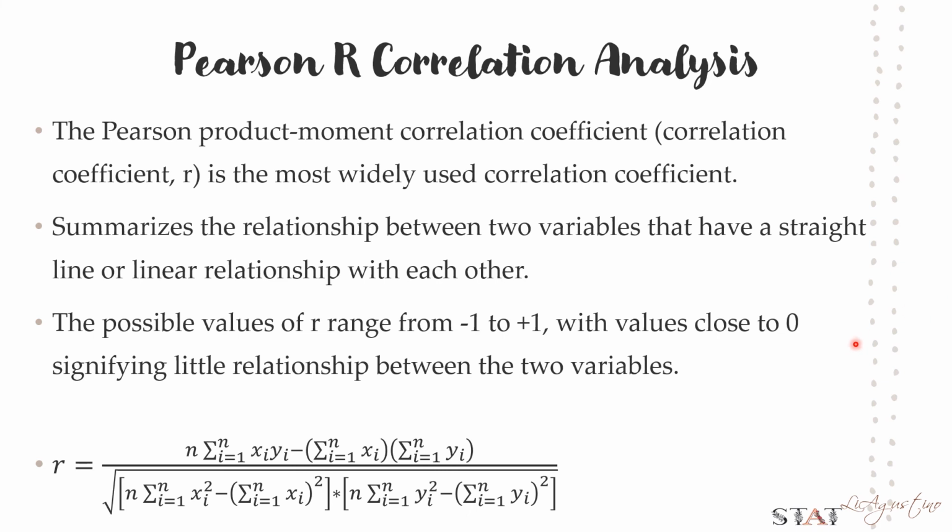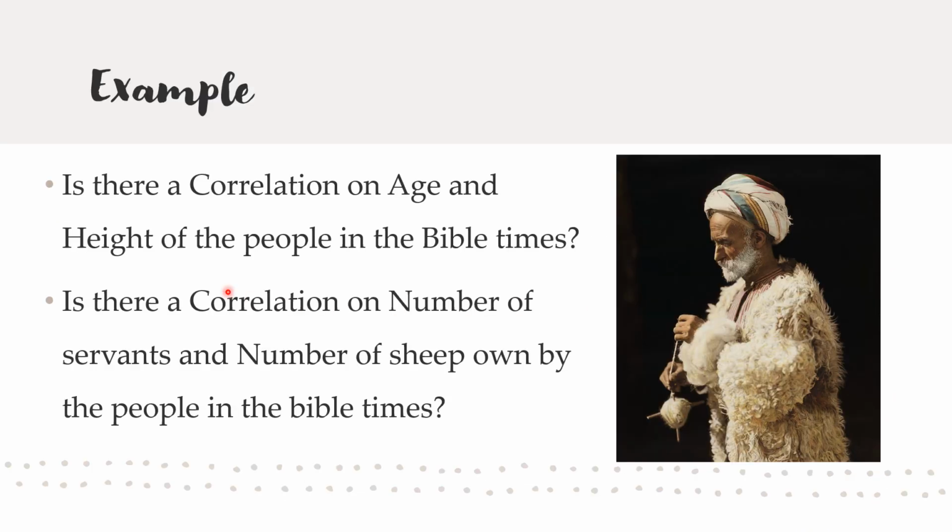You use it when you want to discover if there is a relationship between two variables. For example, is there a correlation between age and height of the people in the Bible times? Are older people taller than the younger ones? Another question, is there a correlation between the number of servants and the number of sheep owned by the people in the Bible times?